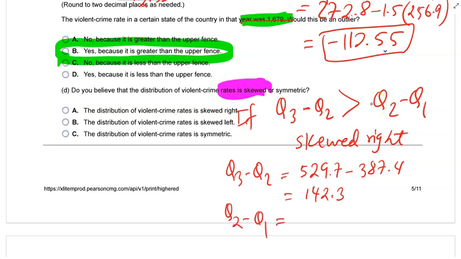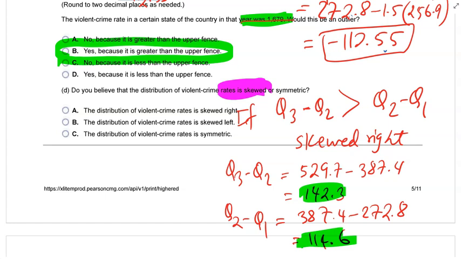Q2 minus Q1 equals 387.4 minus 272.8. If you subtract, you get 114.6. And you notice that Q3 minus Q2 is greater than Q2 minus Q1. You see that? Therefore, this is skewed right. The answer for this question is A. The distribution of violent crime is skewed to the right. And if the other way happens, if this is less, it's going to be skewed to the left.